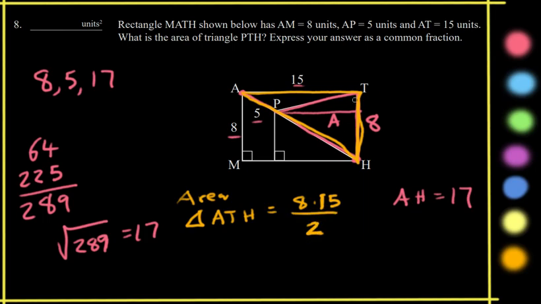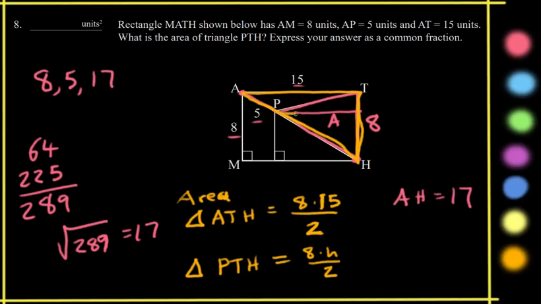Because that's base times height divided by 2. And then the area for triangle PTH is going to be 8 times its height divided by 2. So what is this height here?